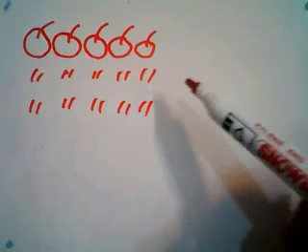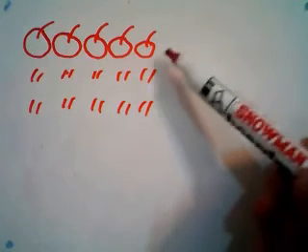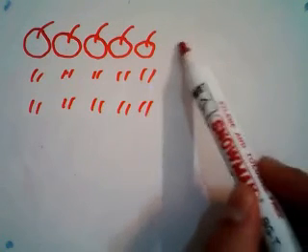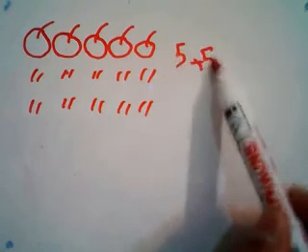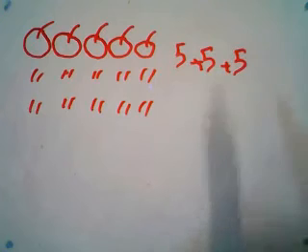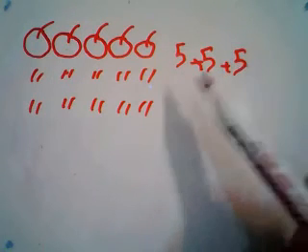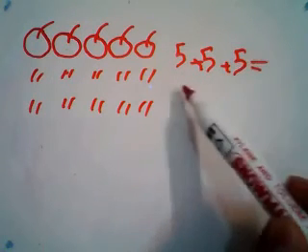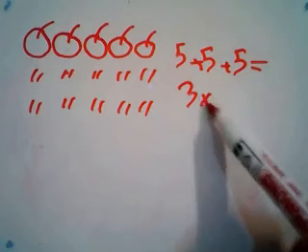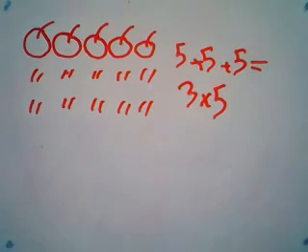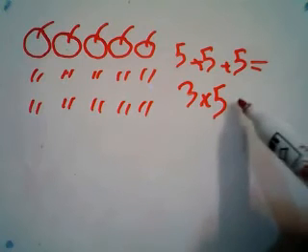So here we got 5 plus 5 plus 5 apples. Here we got 3 5s, so this is 3 times 5, which here is 15.